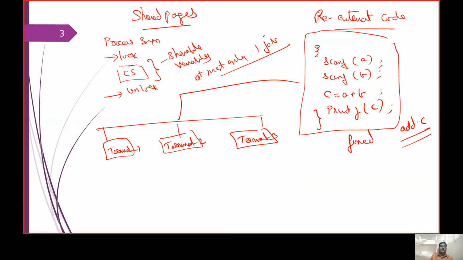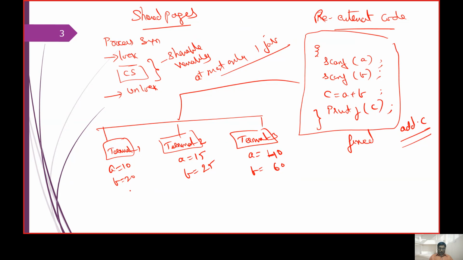The first person, sitting on terminal 1, may supply A equals 10, B equals 20. Another person may supply A equals 15 and B equals 25. And another person sitting on terminal 3 may take up the values 40 and 60.